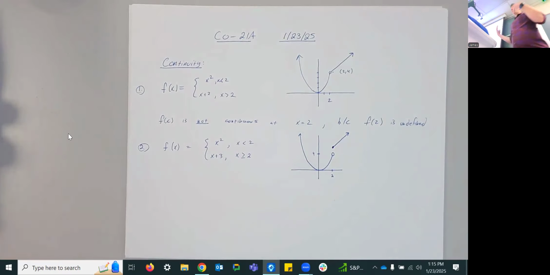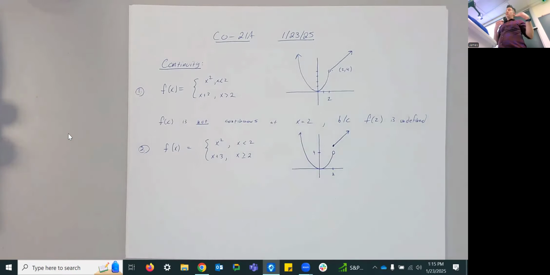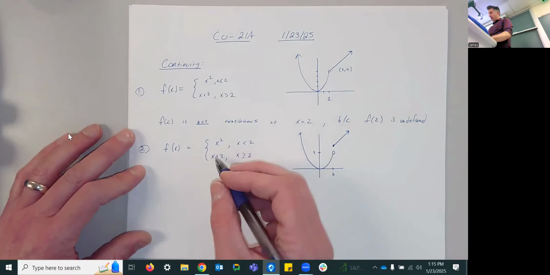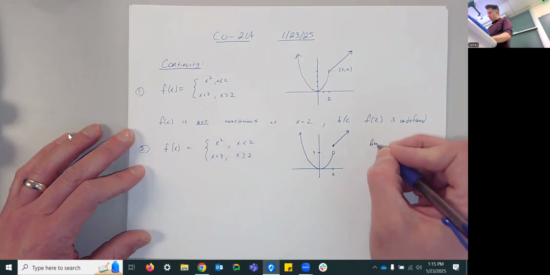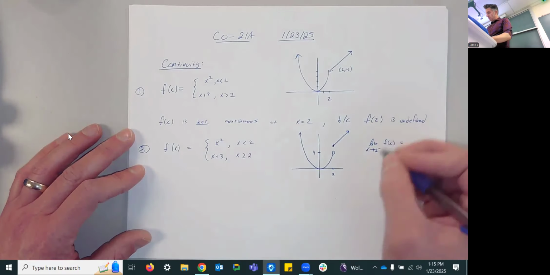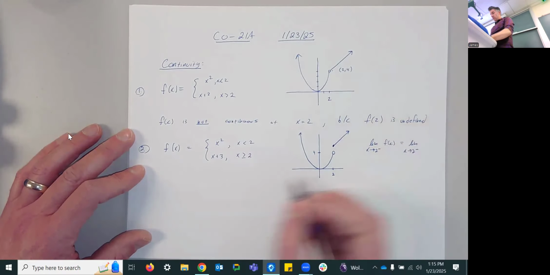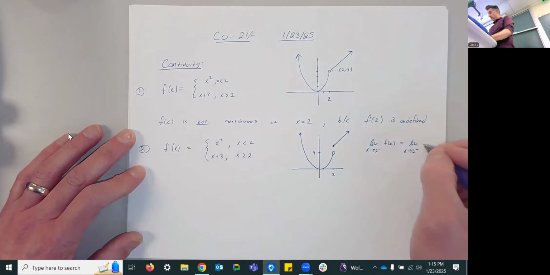I think we can all look at this and agree, yeah, that doesn't look like something that's continuous, right? We drew it and we had to lift our pencil off the paper. The way you would say this isn't continuous is, if we look at the limit from the left, the limit as x approaches 2 from the left of f of x, we're going to use the left piece, which is x squared.